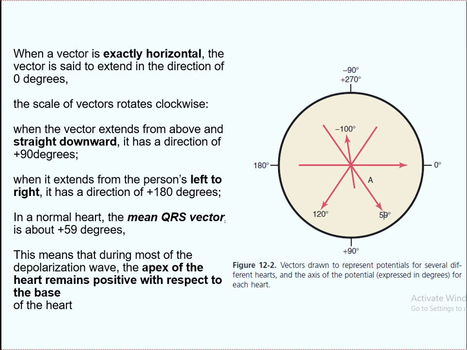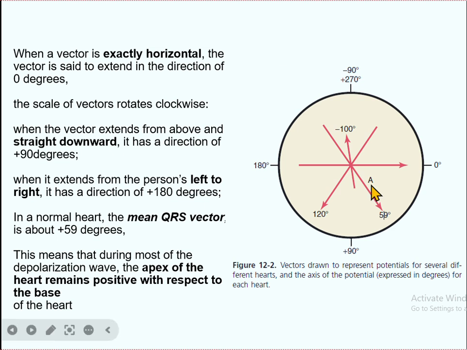Then how do they measure the degrees? This circle can help you, because we use it to determine the axis deviations. First of all, the degrees are measured clockwise: 0 degrees starting from this point, then 90, 180, 270, 360. If they talk of a negative deviation, they mean the axis is moving anti-clockwise.